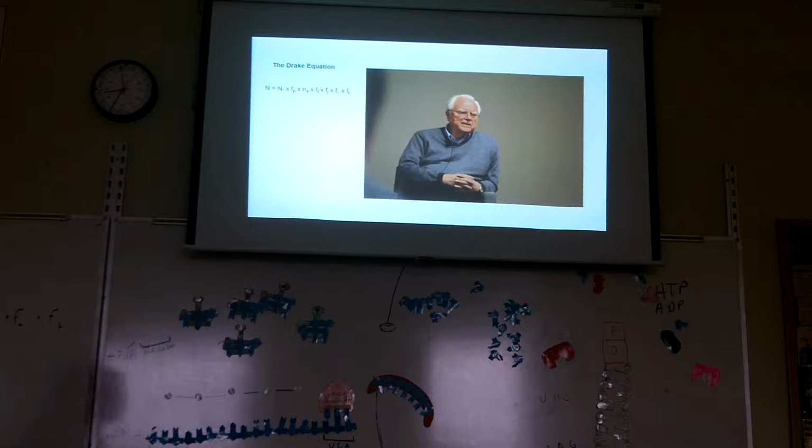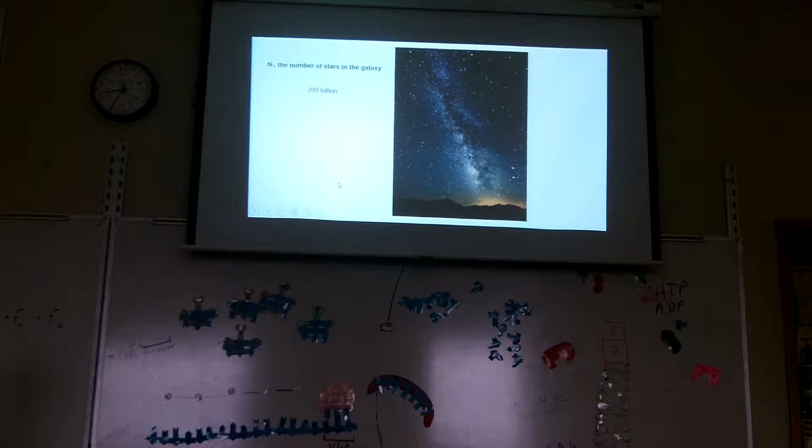So let's go through this whole equation. N is the number of planets out there like us, in other words. Is there more than one? Well, the first thing you got to do is plug in the number of stars in our galaxy.